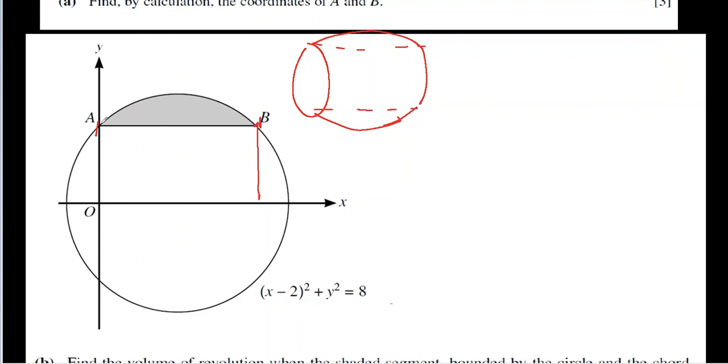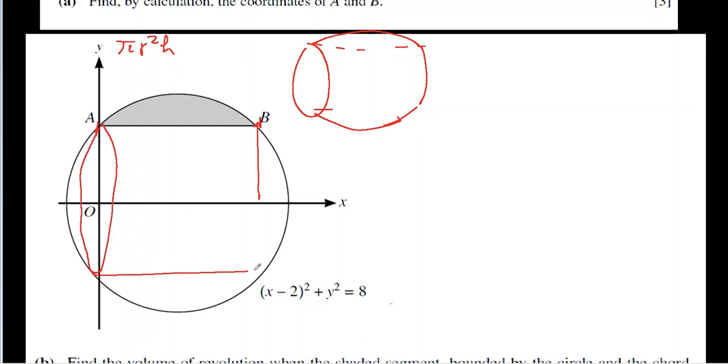So what will we do? We'll find the volume by rotating this whole area under the AB part of the circle, and then we will subtract the cylinder which is inside. Let's first find the volume of that cylinder which we have to remove, this hollow part. What is the volume of a cylinder? Volume of a cylinder is πr²h. This volume I'm talking about, this cylinder.